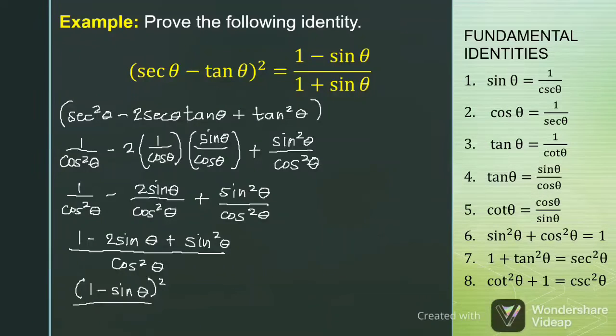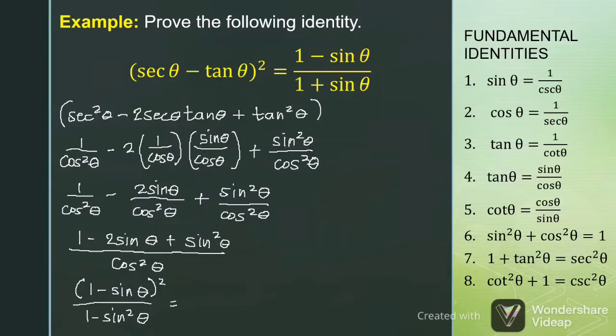And what is the value of cosine squared theta? Using the sixth fundamental identity, cosine squared, we transpose the sine squared. So it is 1 minus sine squared theta. Right? Okay.